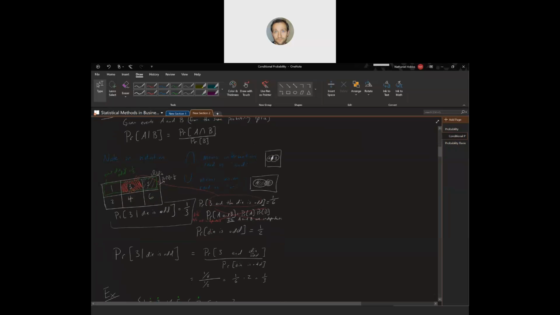The probability of 3 and the die being odd is 1/6 in the original space. And then you divide it by the probability of it being odd, which is the green space.